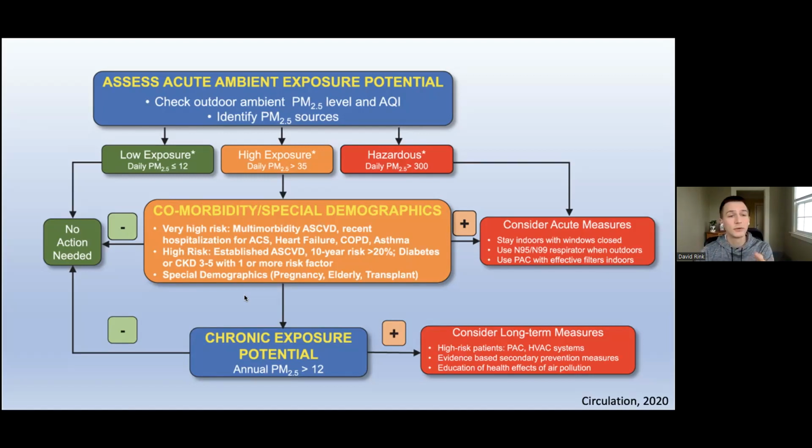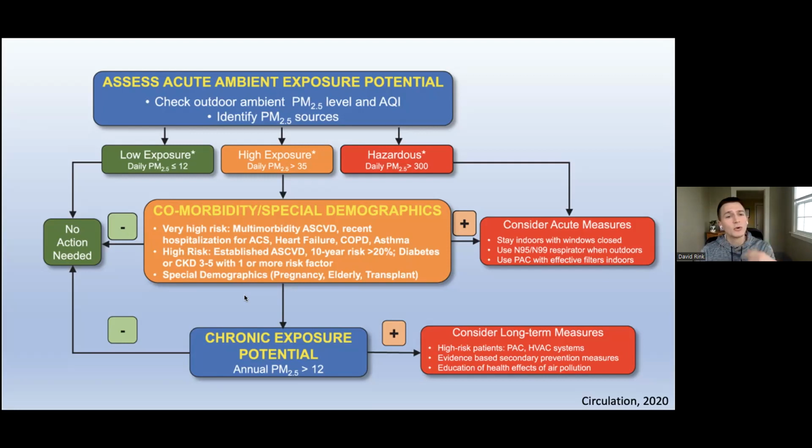If it's quite low, then we don't need to modify anything. And where it falls in the middle, we need to then think about the actual comorbidities or underlying susceptibility of our patients. Those who have high risk underlying cardiopulmonary disease in particular are those who we might recommend considering these acute mitigation measures in these middle ranges.